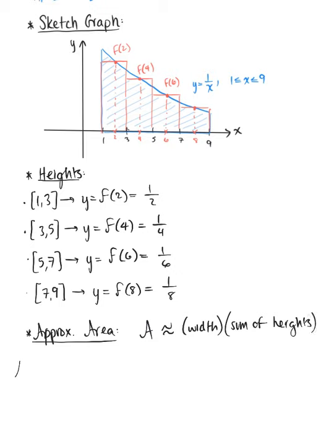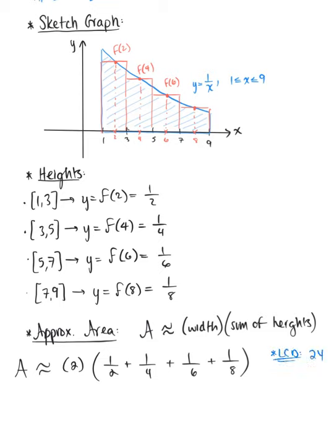So our area is approximately equal to a width of 2 multiplied by the sum of these heights evaluated at our midpoints: 1/2 plus 1/4 plus 1/6 plus 1/8. To combine all these fractions, we need a least common denominator, which is going to be 24.